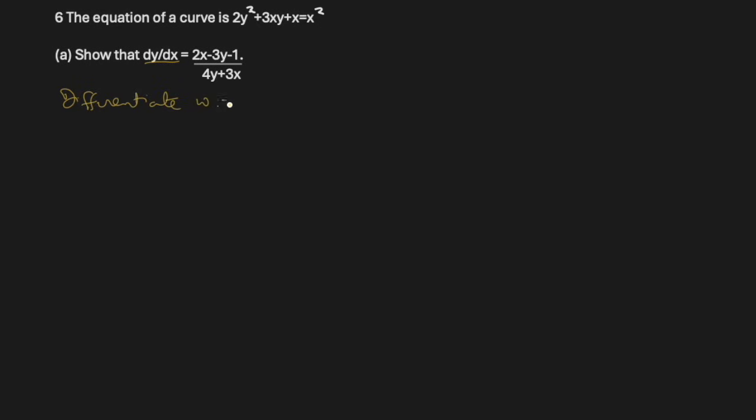with respect to x. So if we differentiate this with respect to x, not y, what will this become? 2 will multiply with 2, it becomes 4y. And since we are differentiating with respect to x, we will have to add a suffix, which is dy over dx. Now here x and y, two variables, are multiplying, so we will use the product rule.